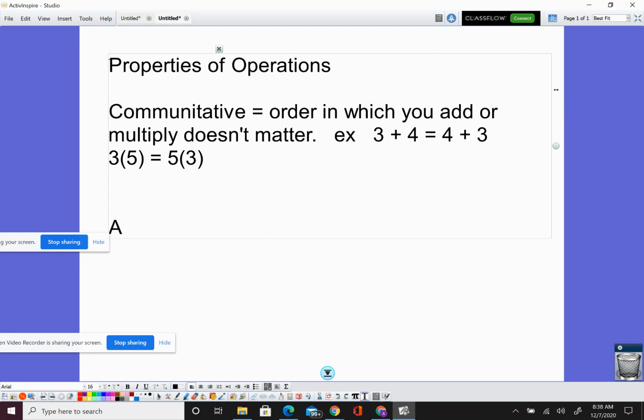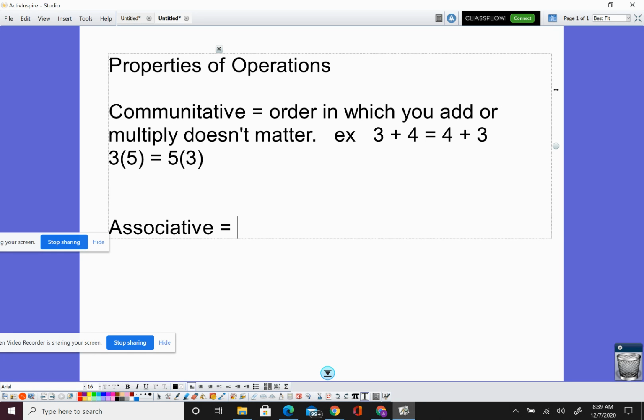The next property that we're going to talk about is associative. And I like to kind of think about this as you're associating with your friends. You have a group of friends that you associate with. That's that same word that we're using here in math. And it's talking about your group of friends.